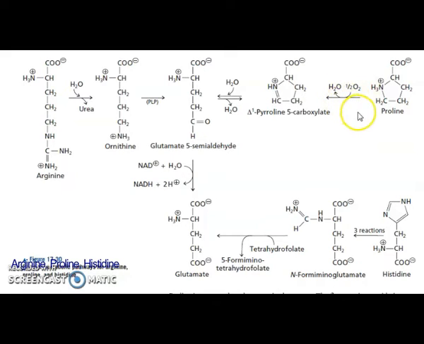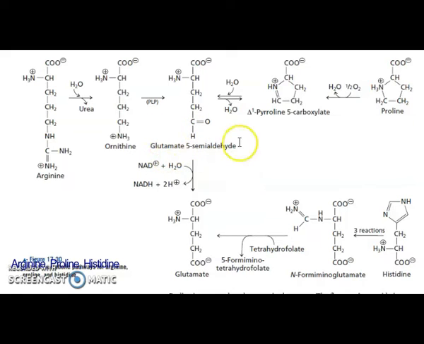The product of the first reaction is pyrroline 5-carboxylate, or P5C, which exists in equilibrium with the open chain form, glutamate 5-semialdehyde.